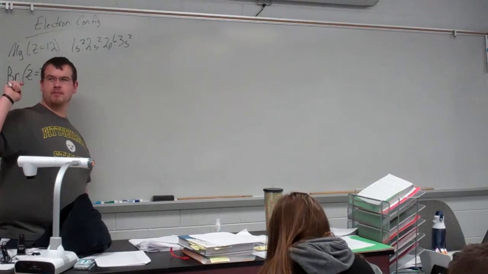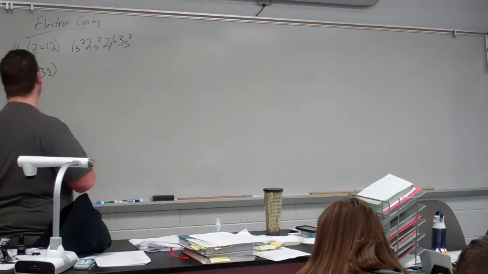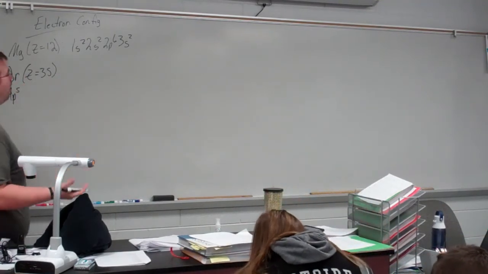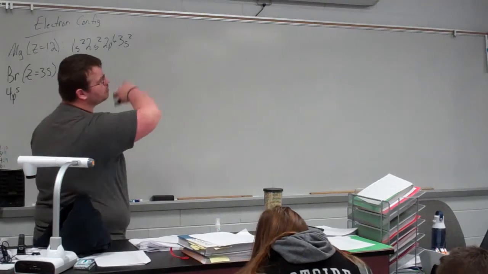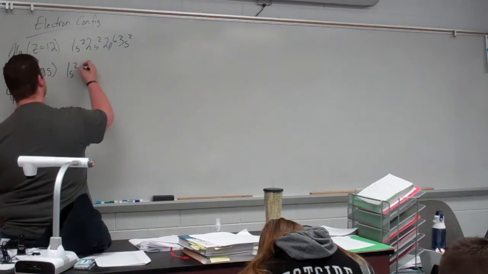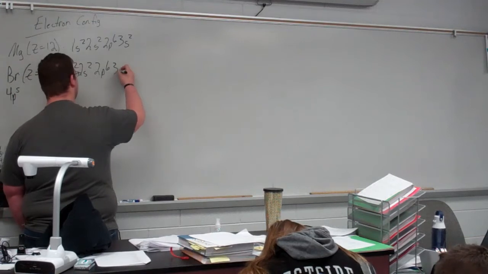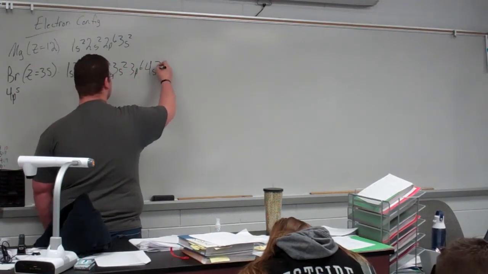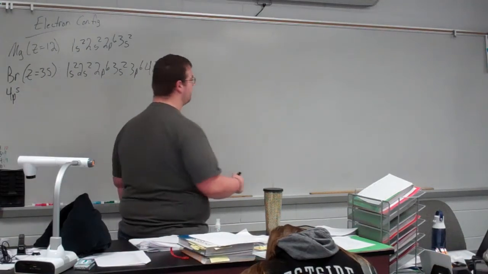All right, so bromine, we stop at 1, 2, 3, 4, 4p5. Literally, all I'm doing is marking my stopping point. I'm just going through the filling order, working through the periodic table all the way to bromine. So 1s2, 2s2, 2p6, 3s2, 3p6, 4s2. And this is why I give you one of these. A lot of people just jump here.